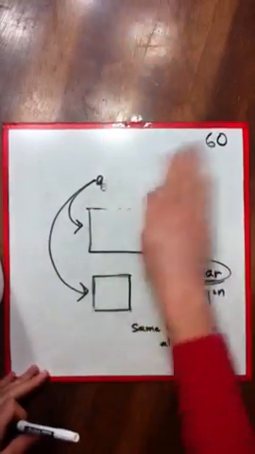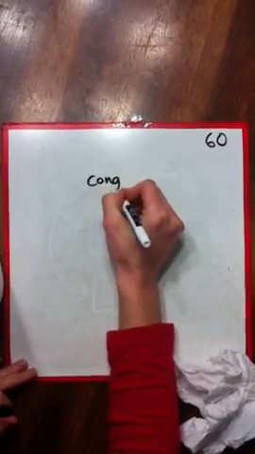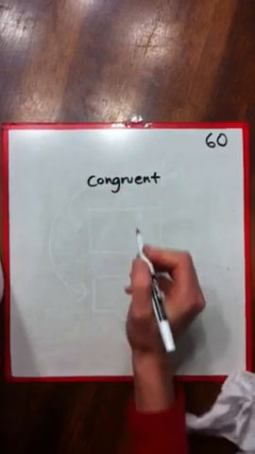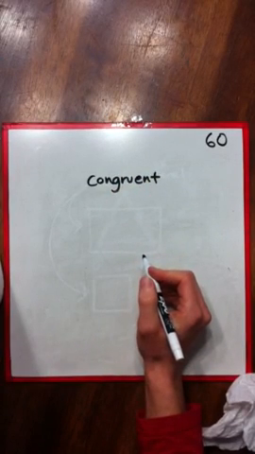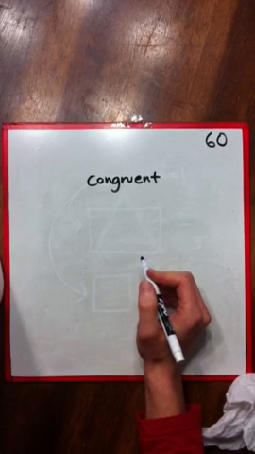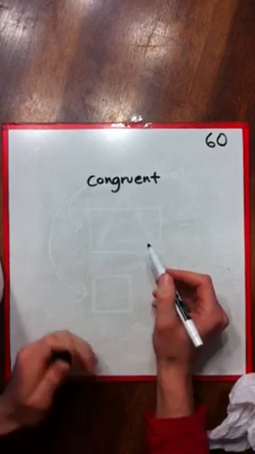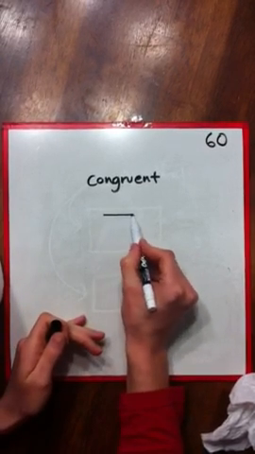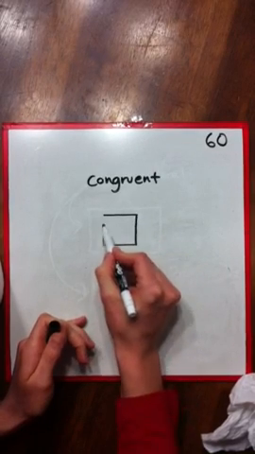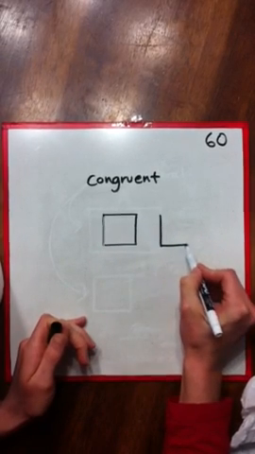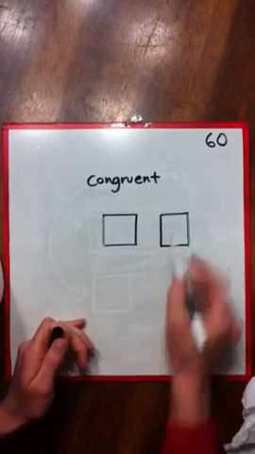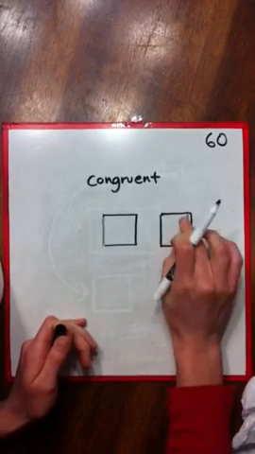Okay, now there's one more word I want to share with you. It's called congruent. I hope you remember what congruent means. Congruent means things that have the same length and the same measure and angle. For example, this square would be congruent to this square.